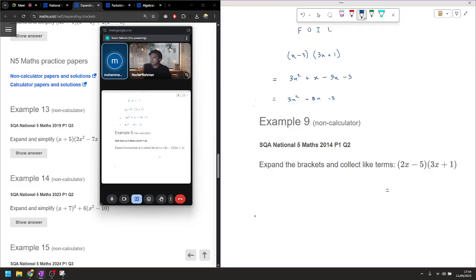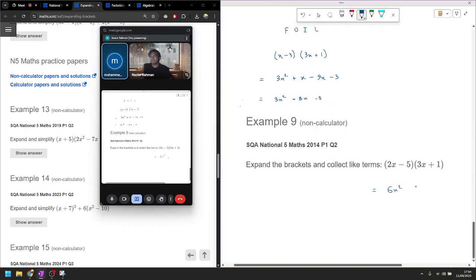Okay, 2x times 3x is 6x squared. Good. And then 2x times 1 is 2x. Good. Minus 5 times 3x, minus 15x. Good. Minus 5 times 1, minus 5.